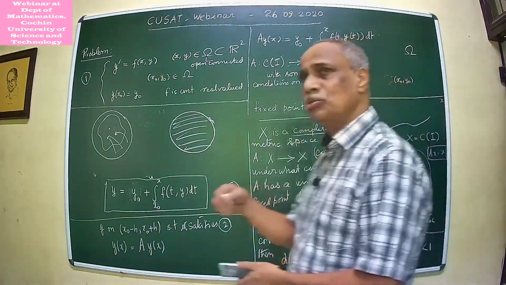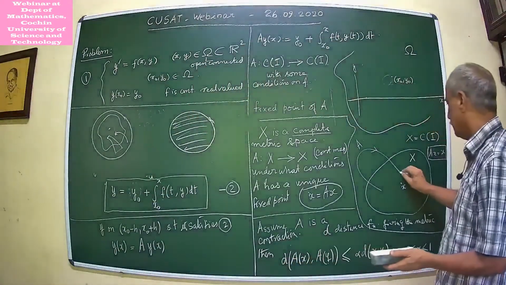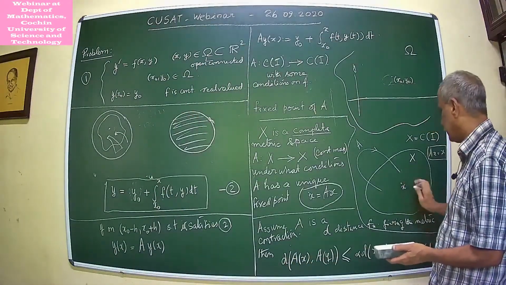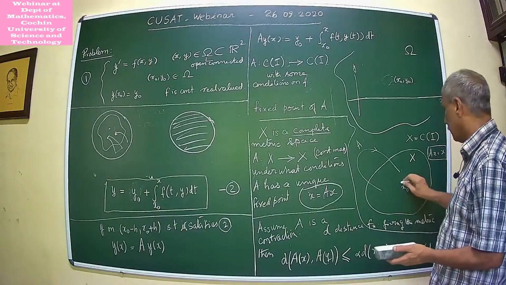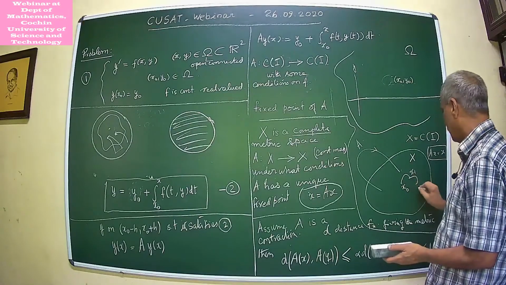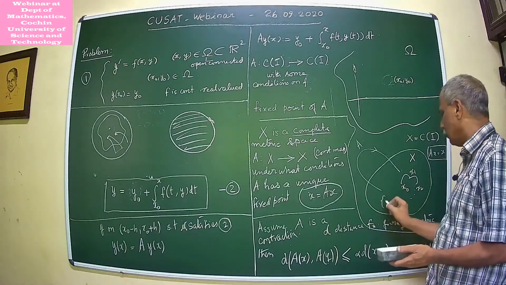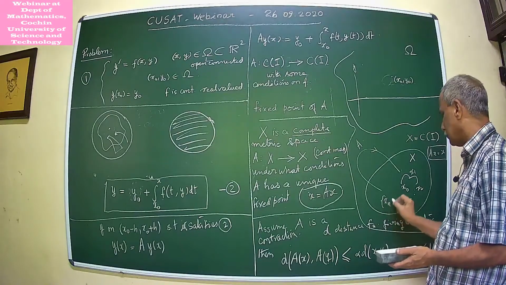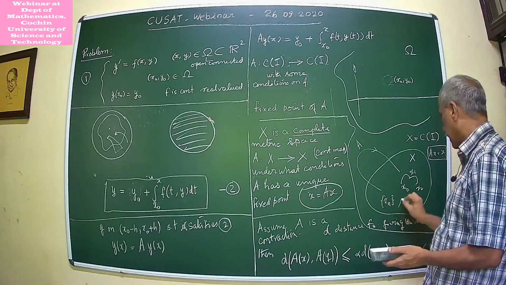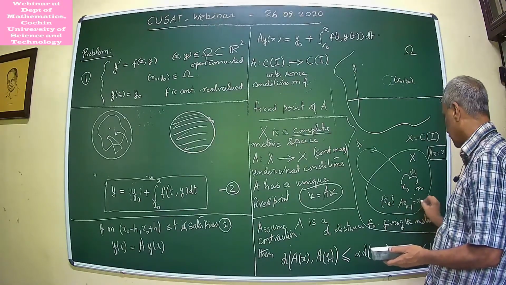What is usually done, as in Picard's approximation, is to start with an initial point and map it. So you start with some x0, map it, and then you get x1, then you map it, you get x2, and so on. So you get a sequence xn with the property that A x_{n-1} equals x_n.